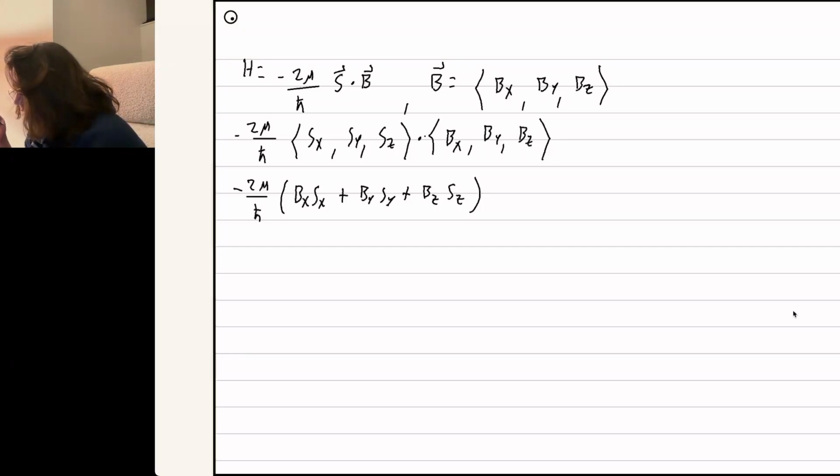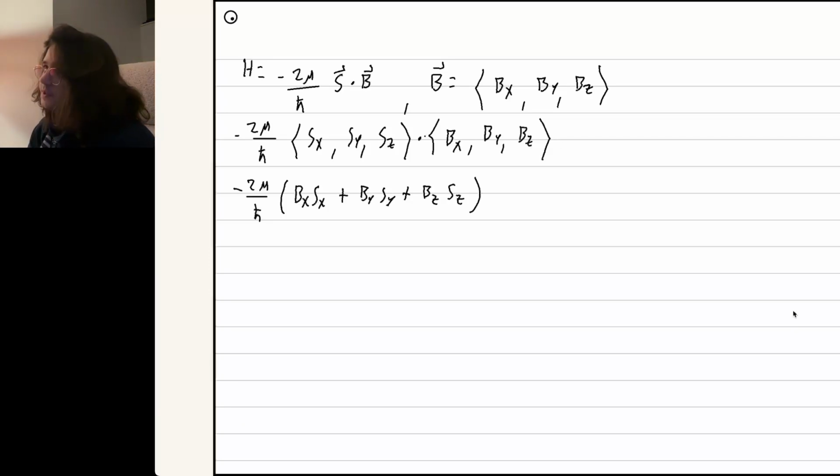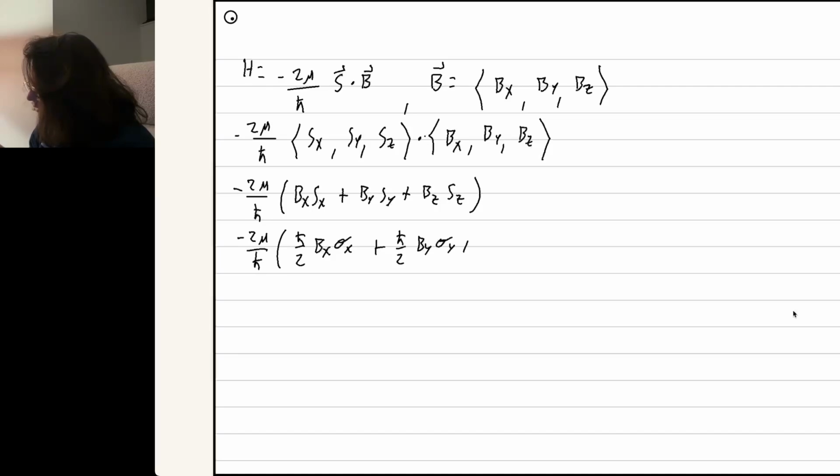And we happen to know that sx, sy, and sz are all just h bar over 2 times their respective Pauli matrix. So 2 mu over h bar over 2 bx sigma x plus h bar over 2 by sigma y plus h bar over 2 bz sigma z.